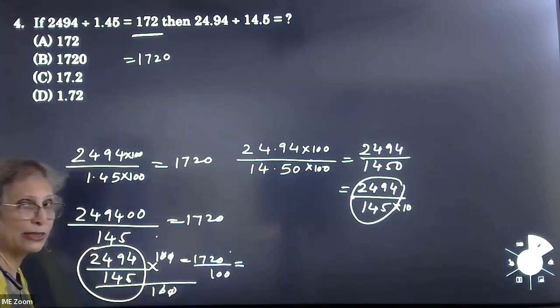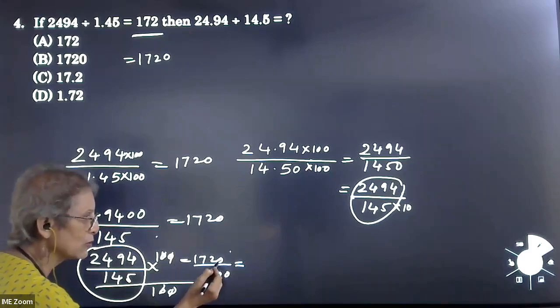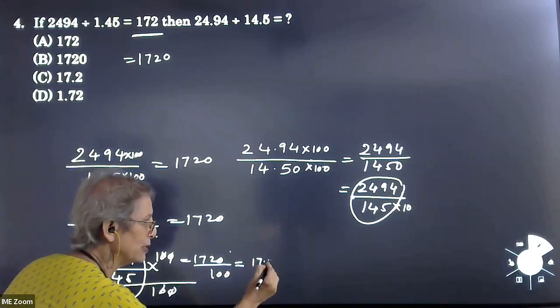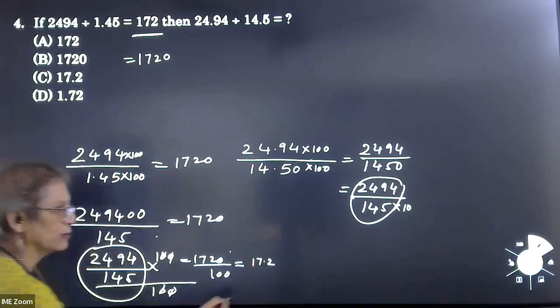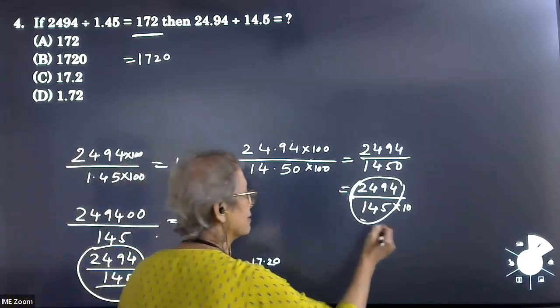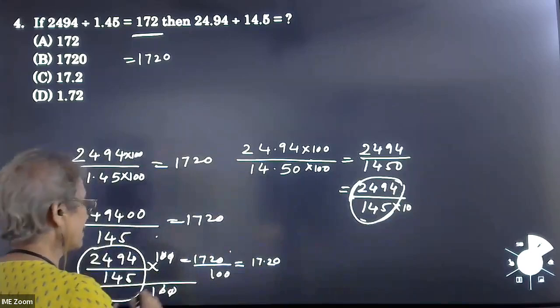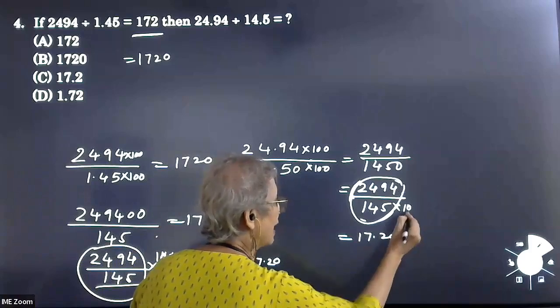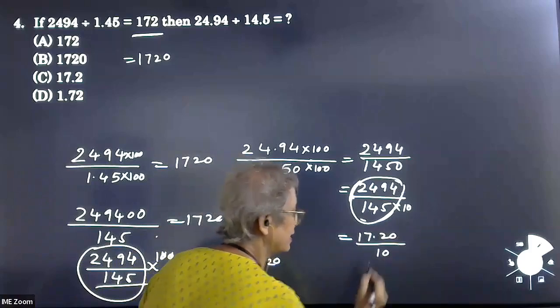And here what will happen? Now let us put the decimal point. Two zeros. So 1 and 2. Skip 2 and the answer is 17.2. 20. You can say 17.20. And now for this part, same part, we will write 17.20 and this 10 is there in the denominator.